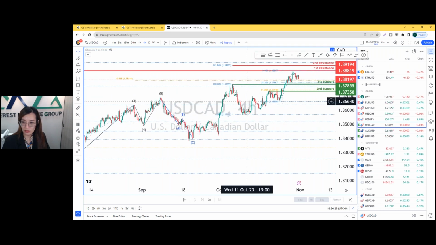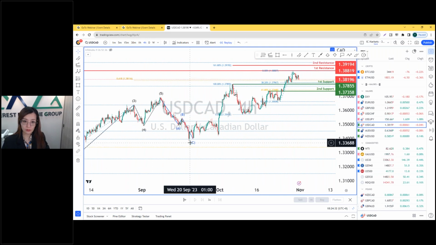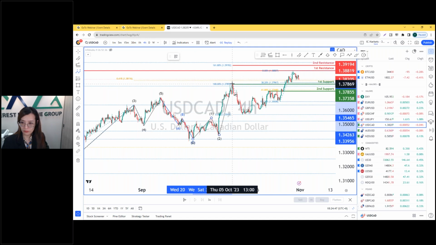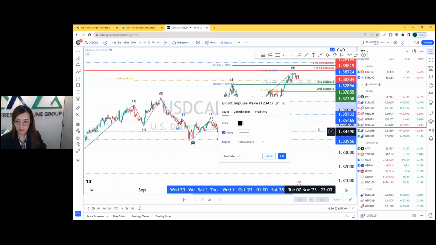But it's not Elliott wave, but if I were to look at it, there could be another wave, for example 1, 2, 3, 4, and 5. You get what I mean?